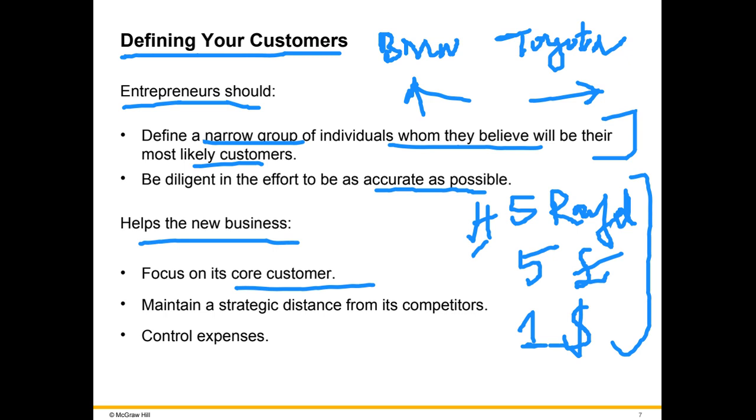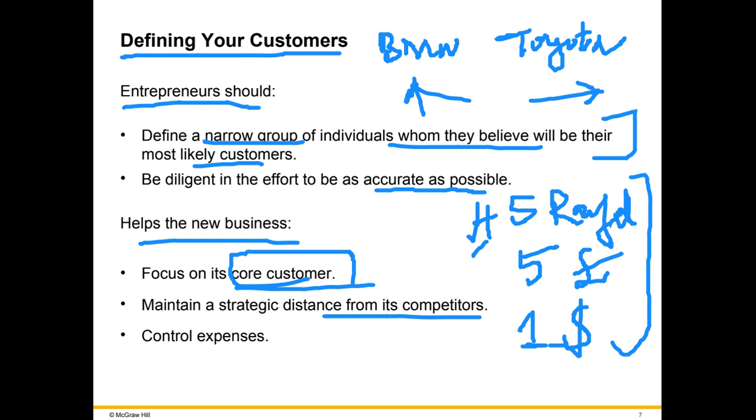So the more narrowly or accurately you define your customer base, the more advantages you get, because you will have a better understanding of your customers. Then you can define their value, and maintain a strategic distance from your competitors. The more you understand your customers, the more specific you can make your products to them.